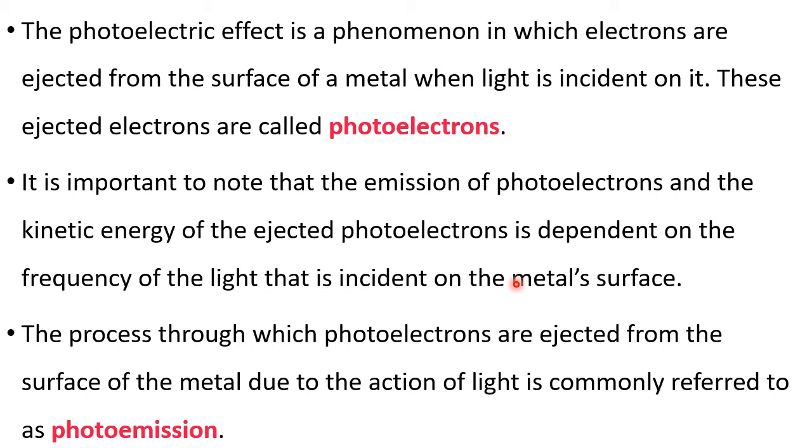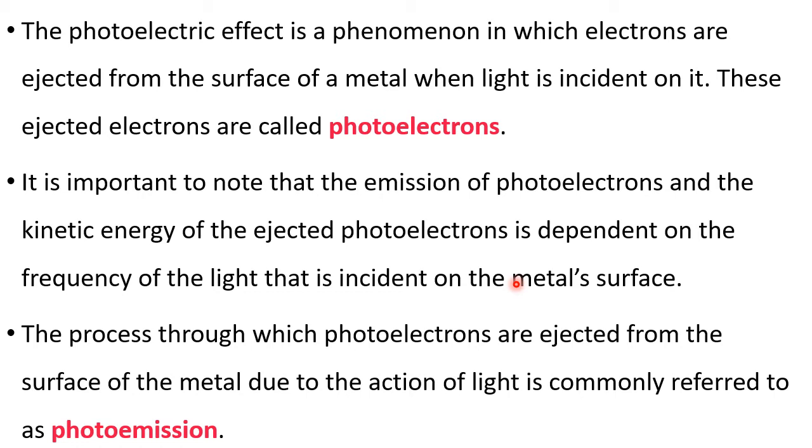So now we have to select a light whose frequency is more than the frequency of the electron that is associated with the nucleus. Then only we can remove it. If the frequency is not large or not more, then we can't remove the electrons. Then there is no photoelectric effect.